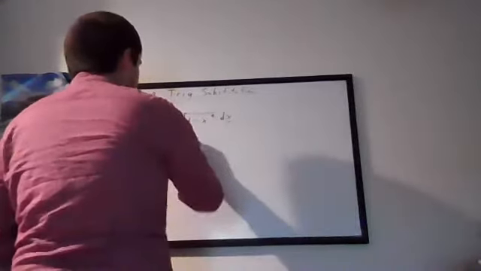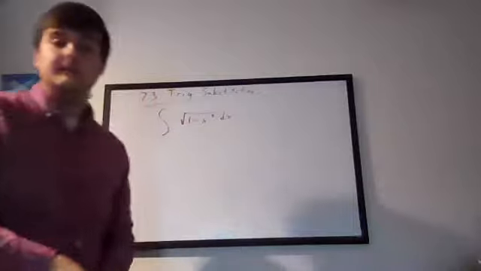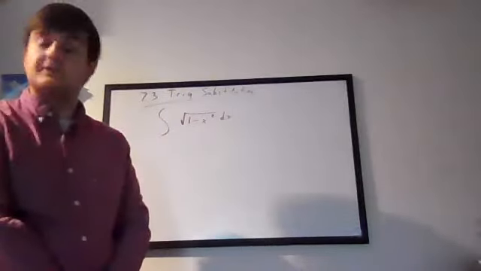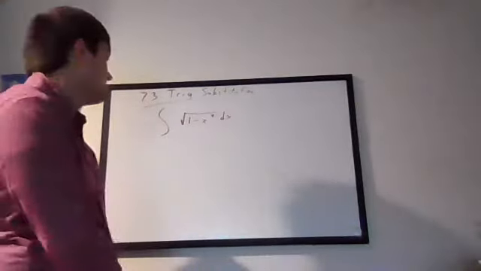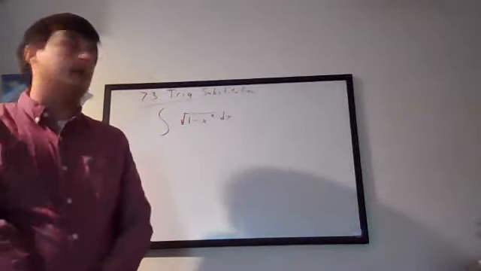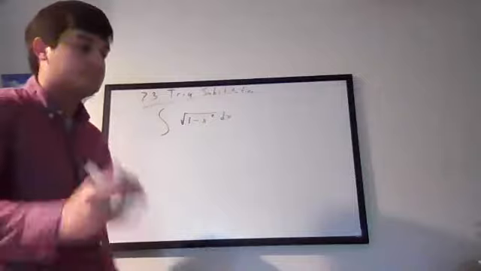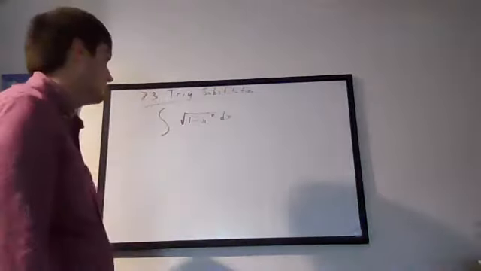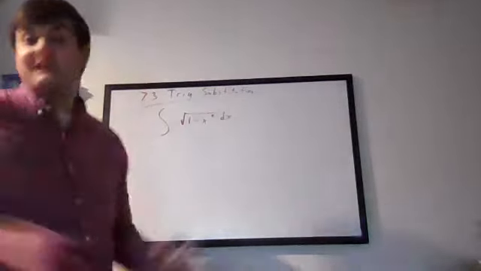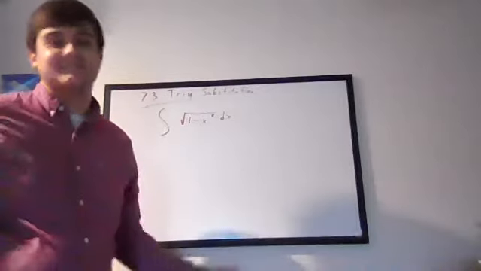what if this x was not here and I instead just had the integral of the square root of 1 minus x squared? What would I do in this case? I'm not sure what I have to do at this point, right? I guess that's kind of the problem.